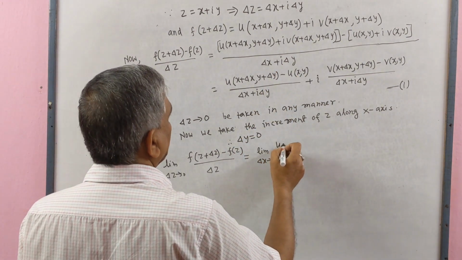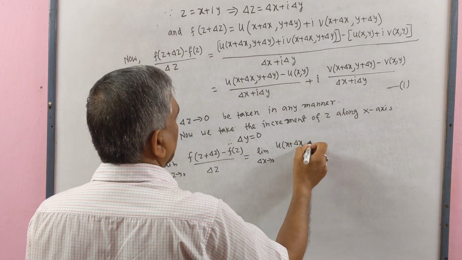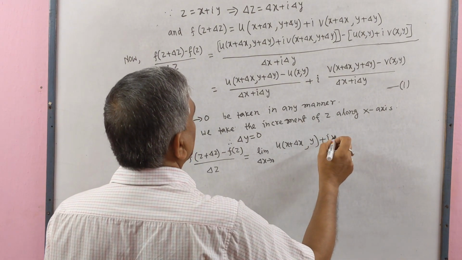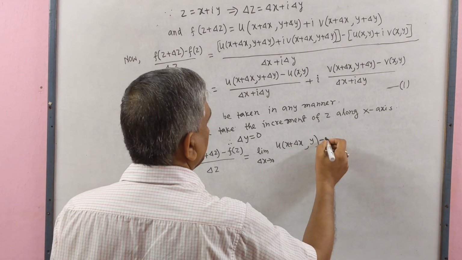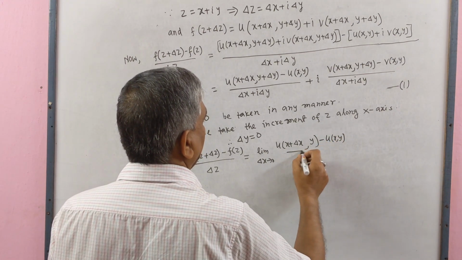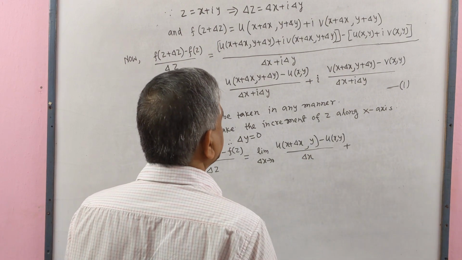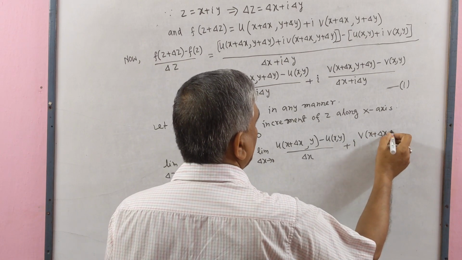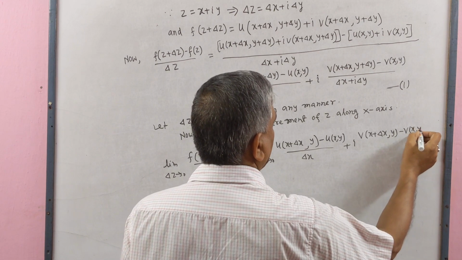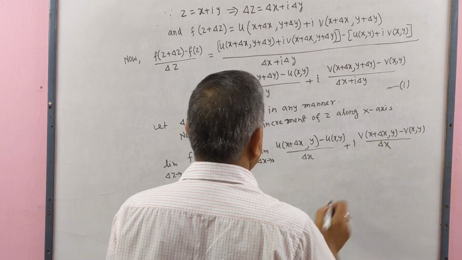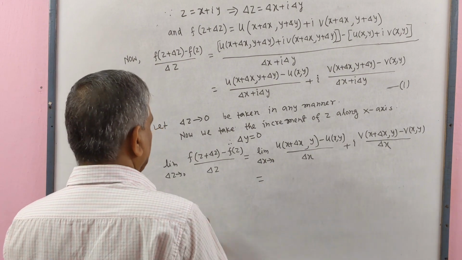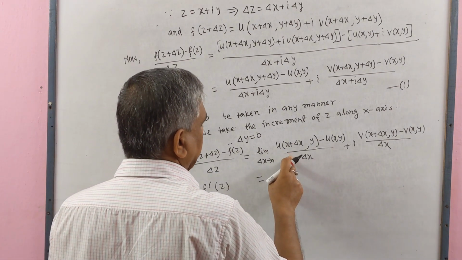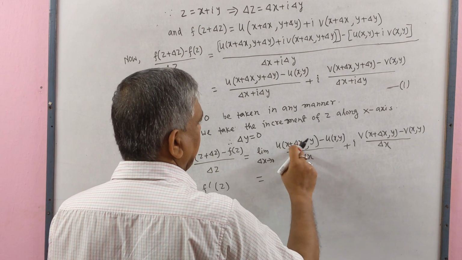So we write [u(x plus delta x, y) minus u(x, y)] by delta x plus i [v(x plus delta x, y) minus v(x, y)] by delta x, and this is f dash z equal to, this is the variation in x, change in x.